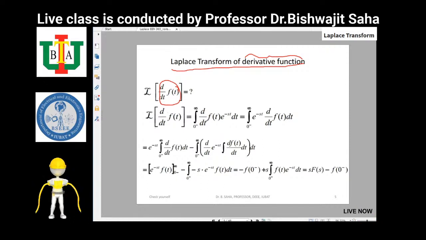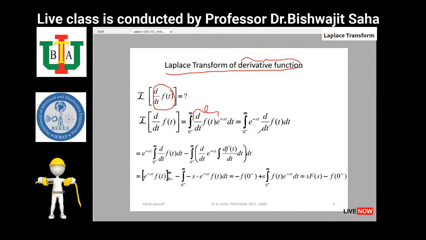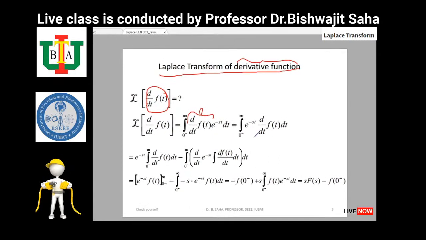This d by dt f of t function itself is the single function, so we convert it into the integral from 0 minus to infinity of e to the power minus st d by dt f of t dt. Just replace the position because we have to consider u and v.